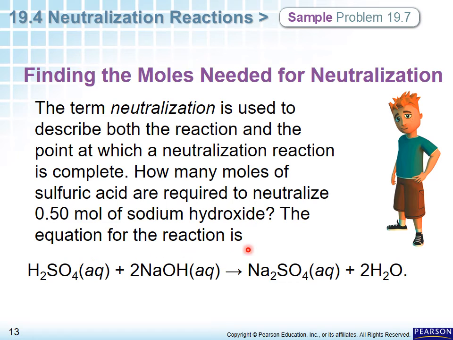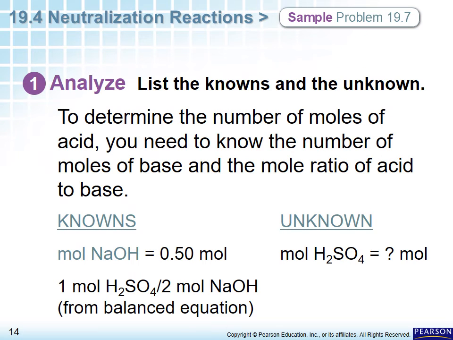The equation of this reaction is H2SO4 plus 2 NaOH arrow Na2SO4 plus 2 H2O. So how will we do this? Let's analyze first. List the known and unknown. To determine the number of moles of acid, you need to know the number of moles of base and the mole ratio of the acid to base.